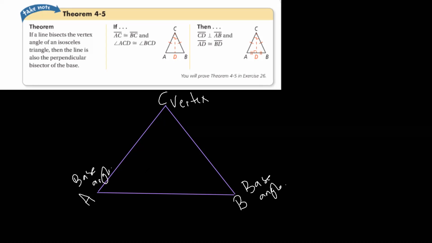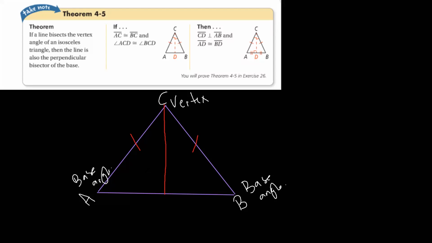So, which type of triangle am I talking about? I'm talking about isosceles. Isosceles means these two legs are congruent. In this isosceles triangle, if you have a line that comes from the vertex and cuts the base, this line starts from the vertex and cuts the base.